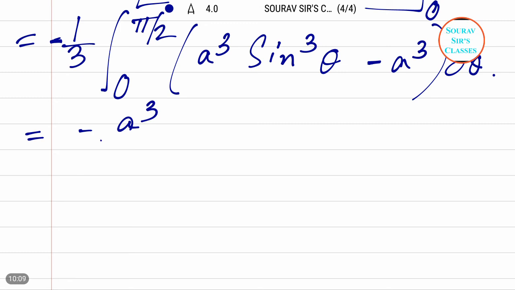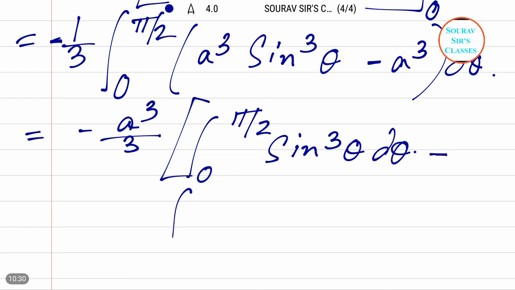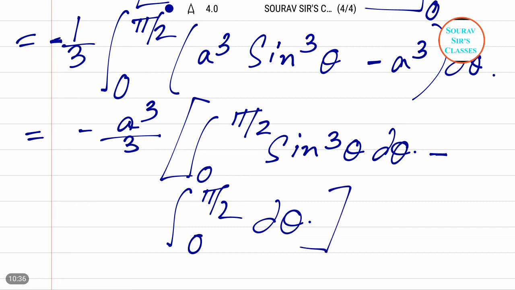Now from this we can write minus a cube by 3 into integration pi by 2, and here the lower limit was 0, and sine cube theta d theta minus integration of pi by 2, 0 and d theta.